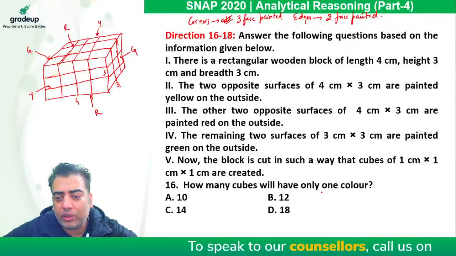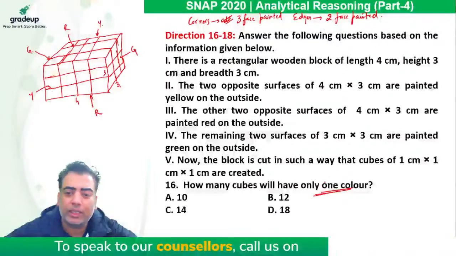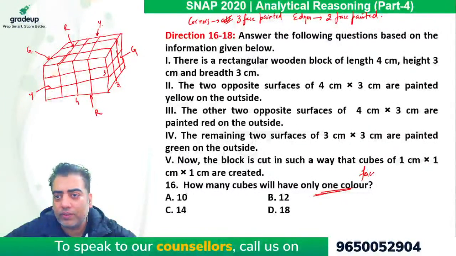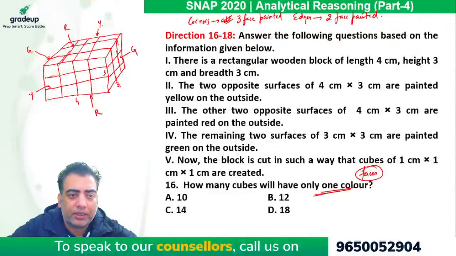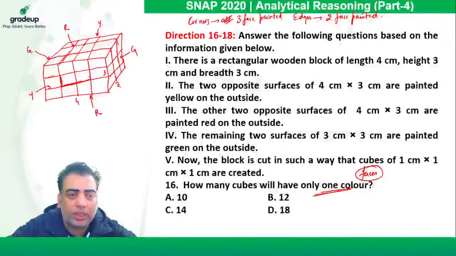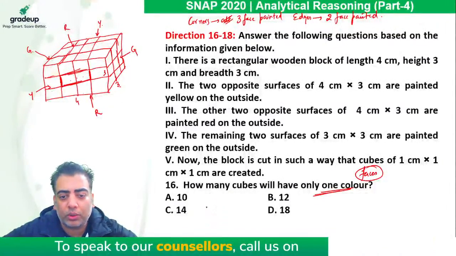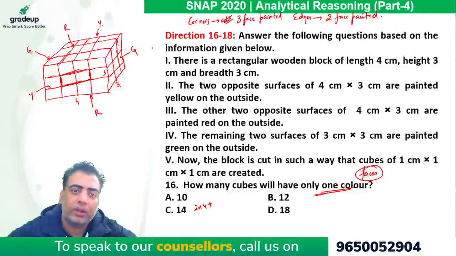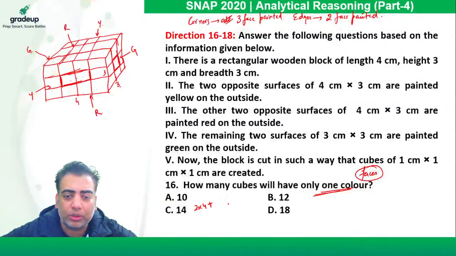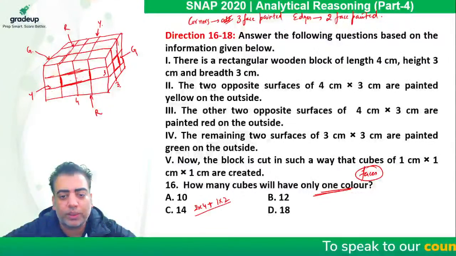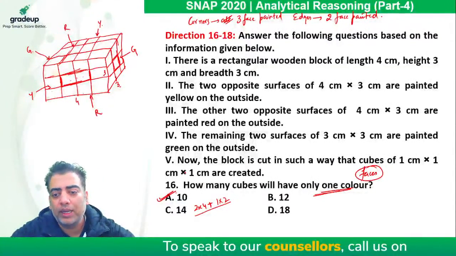The question is asking for only one color, so only those which are on the faces, which means there are going to be two cubelets which have only one color on them. On these four faces, we will have two cubelets which have only one color on them. And on this side, we have this cubelet only, which has one color on it. Likewise, on the opposite side also, we will get one. So 1 into 2 plus 2 into 4, the answer comes out to be 10.